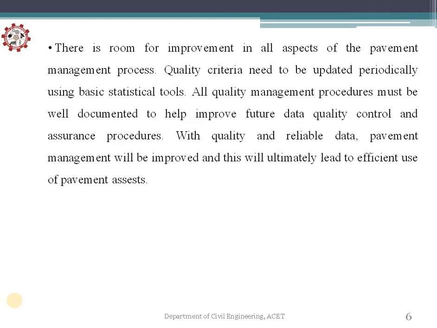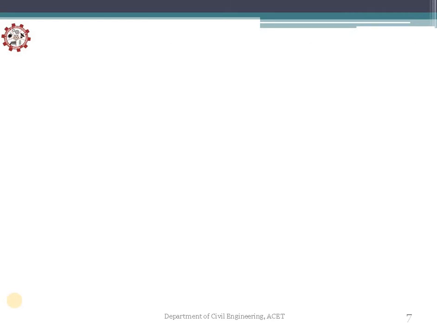So this is how you need to know. The basic thing you need is to develop criteria for the quality of the process and of the material which you are going to use. After this we are going to see the pavement unevenness.